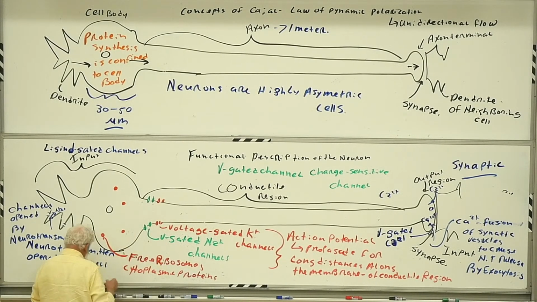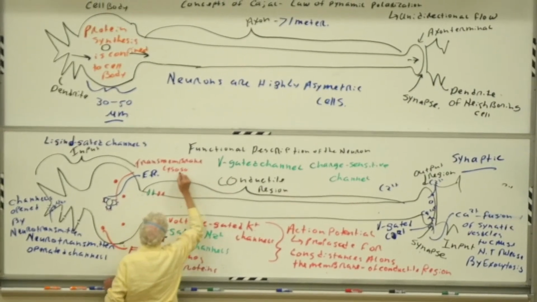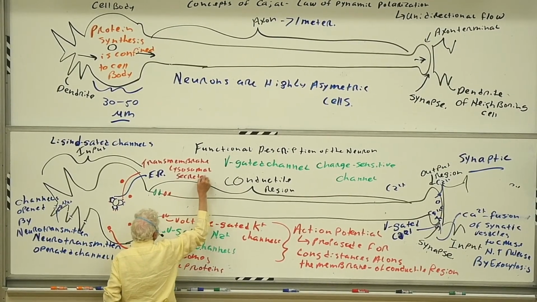But along with those free ribosomes, there are ribosomes on the rough endoplasmic reticulum for generating transmembrane, lysosomal, and secreted proteins.